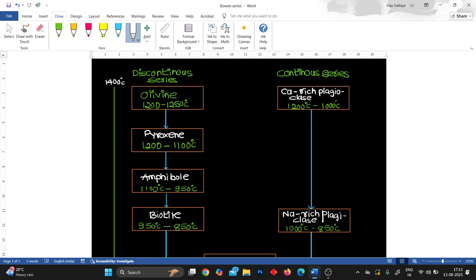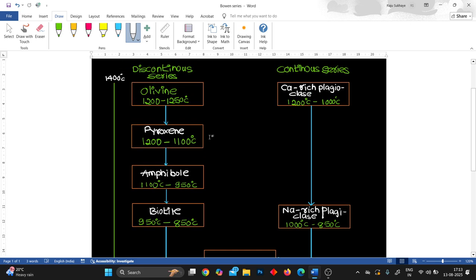Before going further, the minerals you have seen here all belong to the feldspar group. The plagioclase which is rich in calcium forms when the magma temperature drops to 1200 to 1000 degrees Celsius.